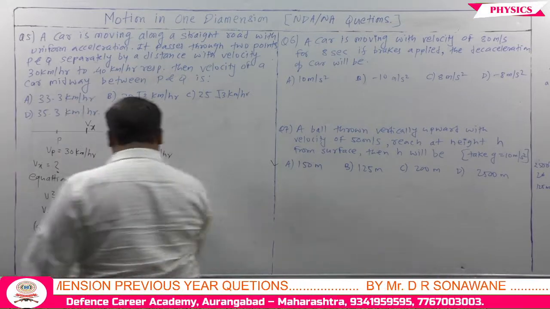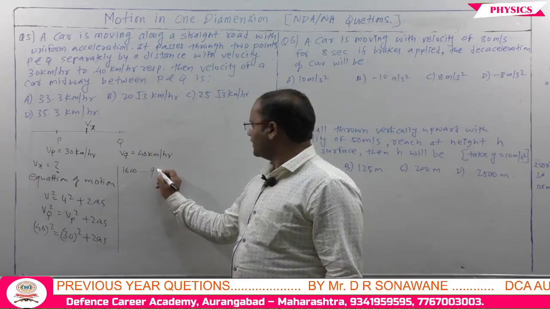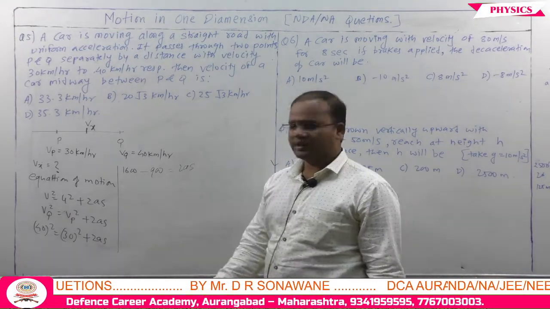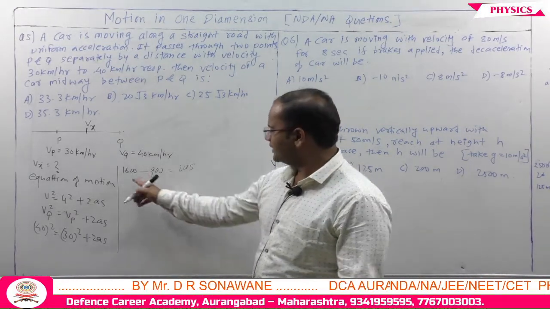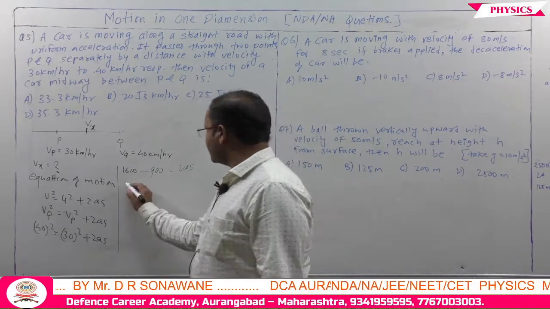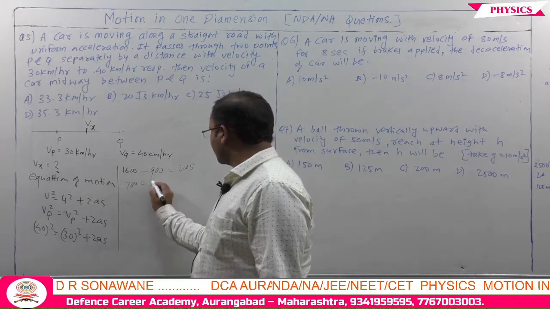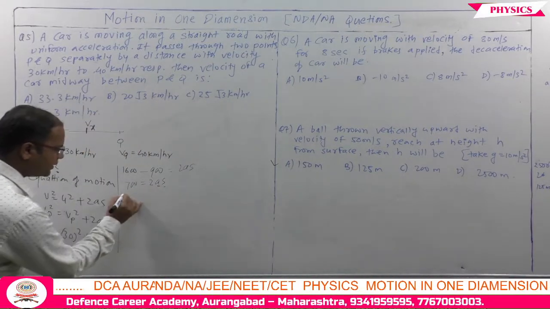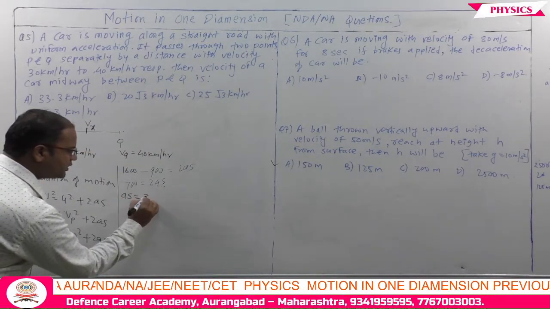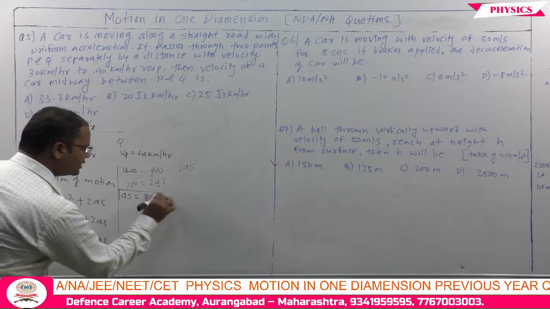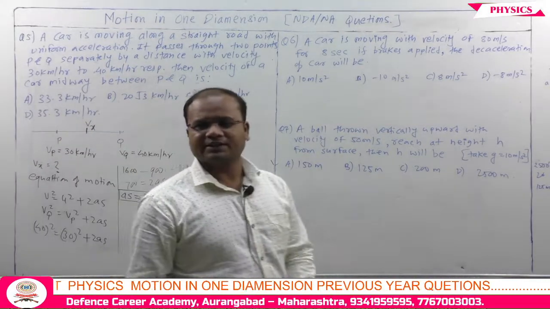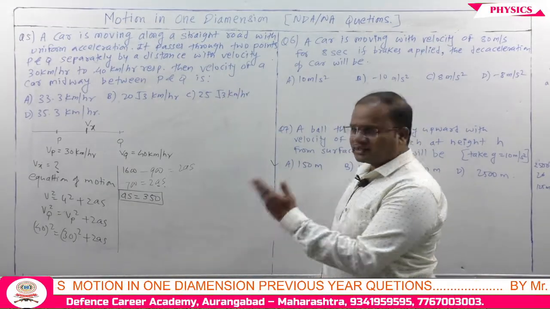So we write 1600 minus 900 equal to 2as. Okay, this will be our equation. 1600 minus 900 will be 700, equal to 2as. So we get the value of acceleration into displacement here. As will be 350. This is what we get, the product of as is 350. We will use it in the next equation.